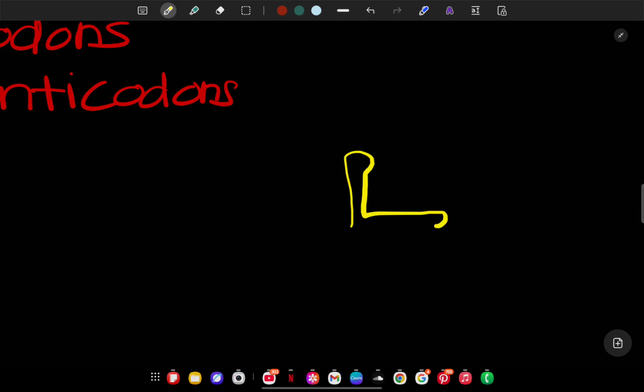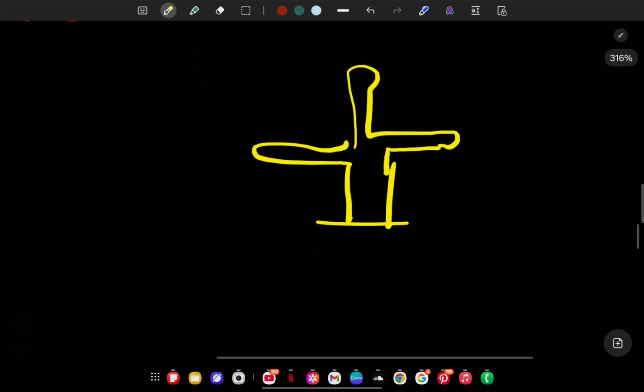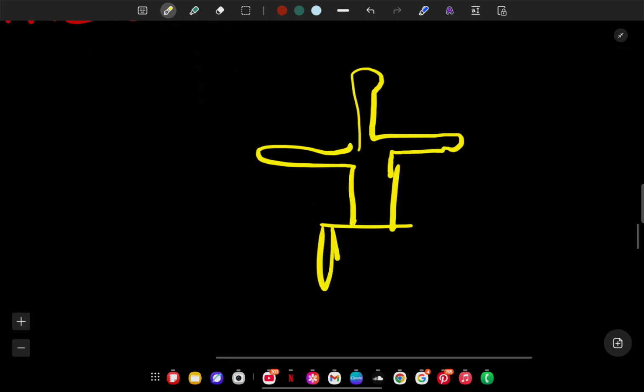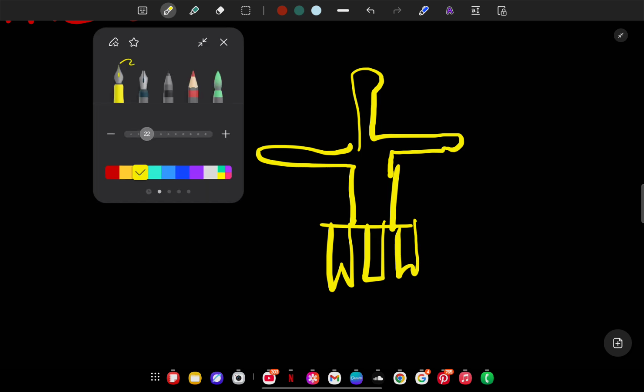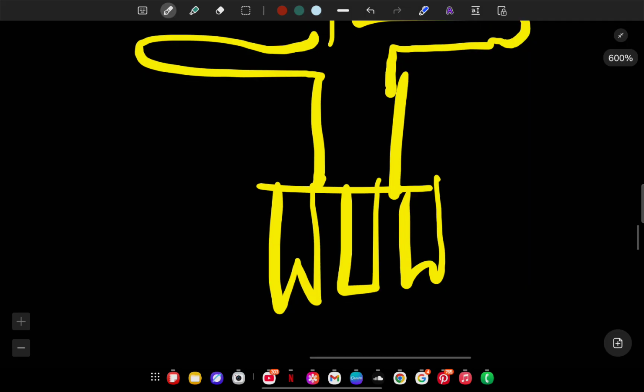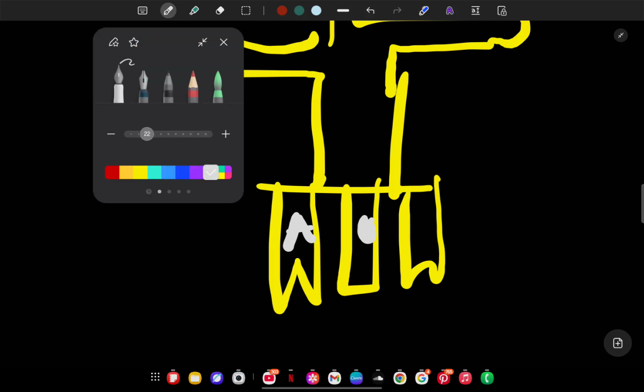Let's just imagine that this is some sort of tRNA molecule. Not the best artist. And then in here, it's adenine, uracil.